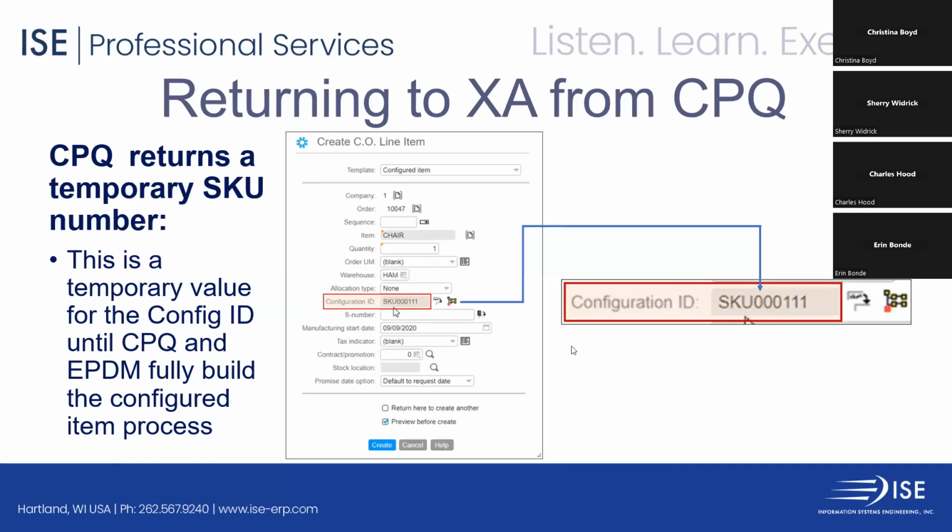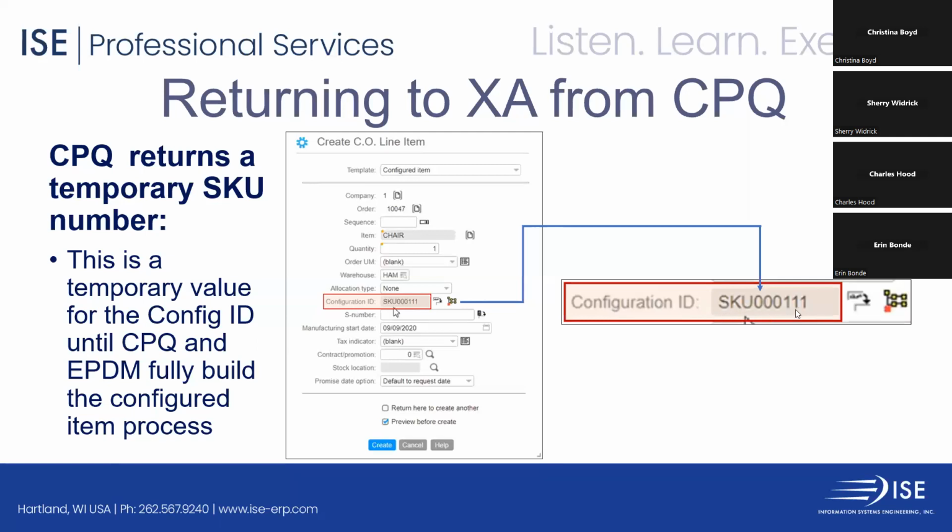Once you've finished the configuration session and clicked on the Finish button, CPQ pushes that data to XA. It has a step called push to ERP. It happens a little differently in the cloud through the ION connection. But what XA puts temporarily in the configuration ID is one of these SKU numbers.